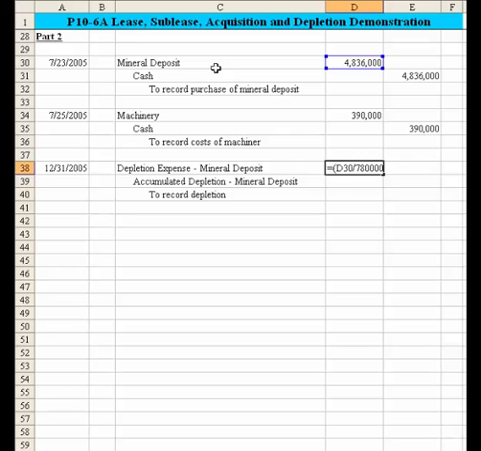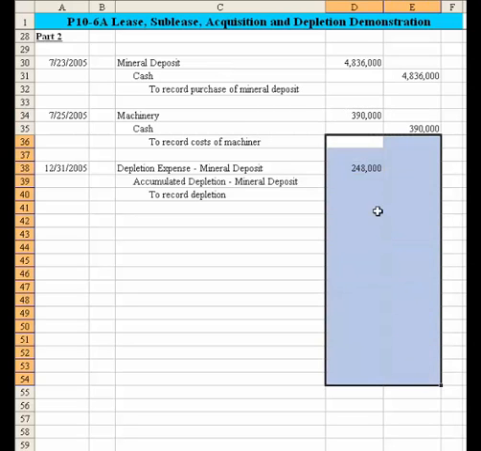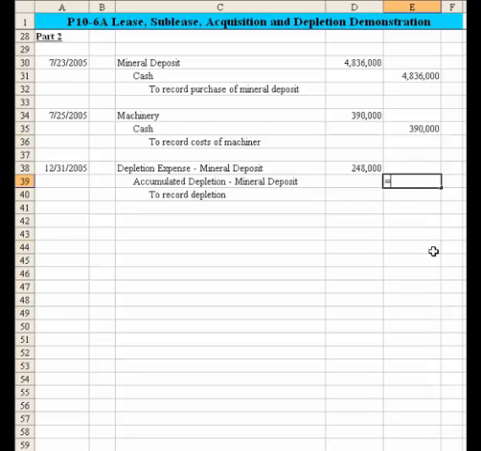This is just one way to do it. Okay, so we'll have a cost per ton, and I believe for the current year there's 400,000 tons to be applied, and that would give us, format this, $248,000 as our depletion expense that we need to record.